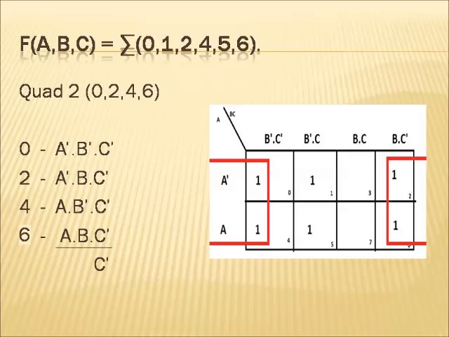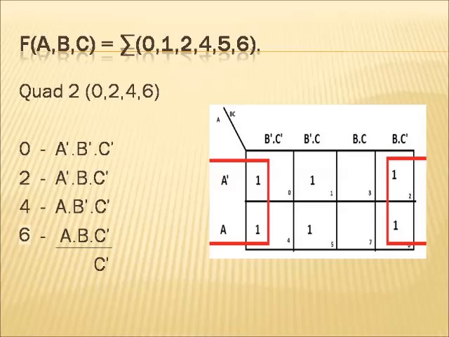Here also we need to find the unchanged variable. a bar is getting changed across the selected cells, because for 0 it is a bar, for 2 it is a bar, but for 4 and 6 it is a. So a bar is getting changed. Now consider b bar. It also gets changed to b, so we cannot take b bar either.